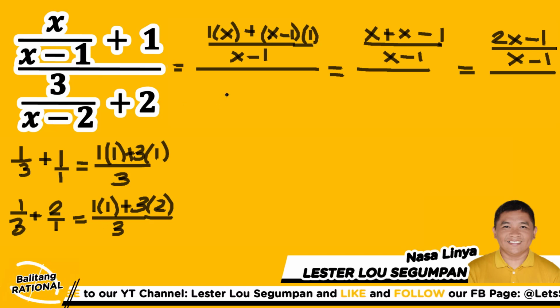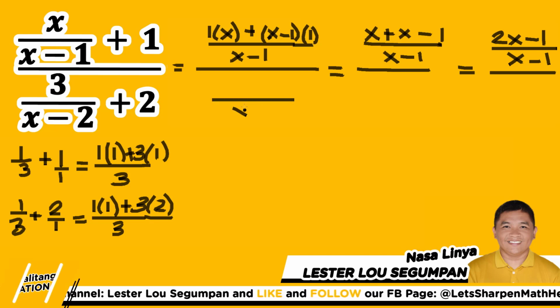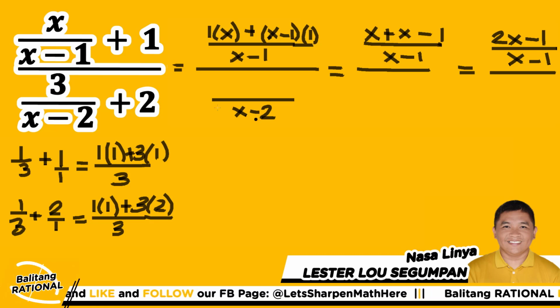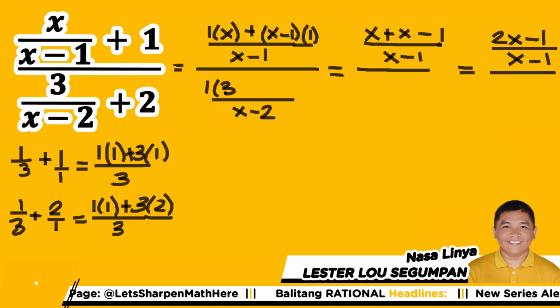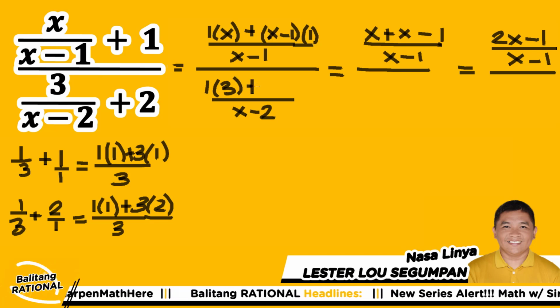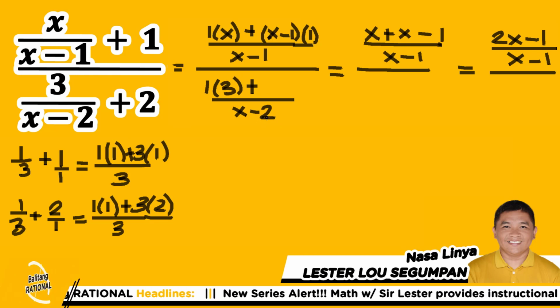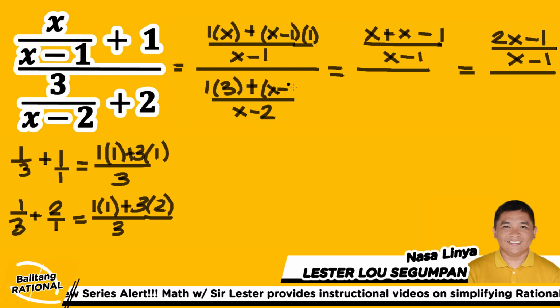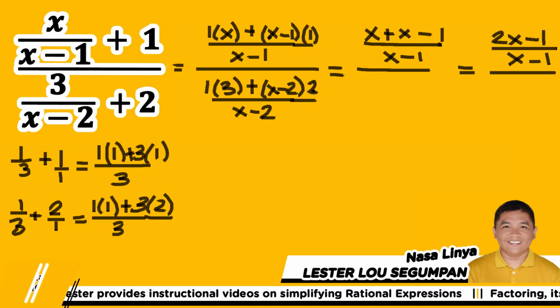So dito, our LCD is x minus 2. Unlike earlier, it was x minus 1. X minus 2 divided by x minus 2 is 1. That's the multiplier of your 3. Plus, again, denominator of 2 is 1. So x minus 2 divided by 1 is x minus 2. Okay? And then, that's the multiplier of your 2.